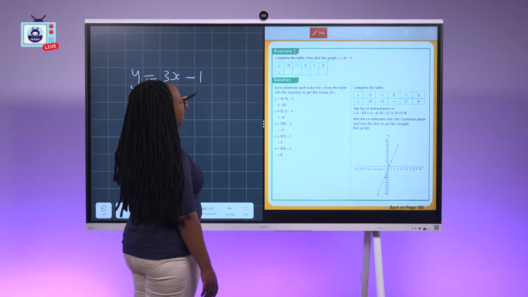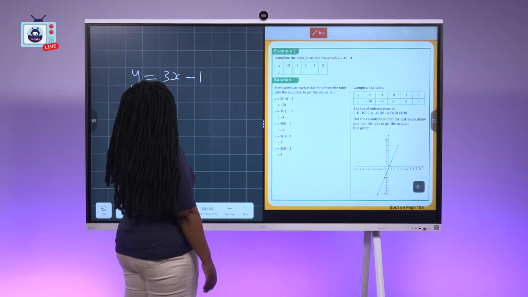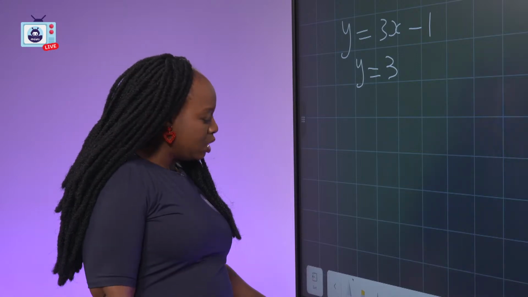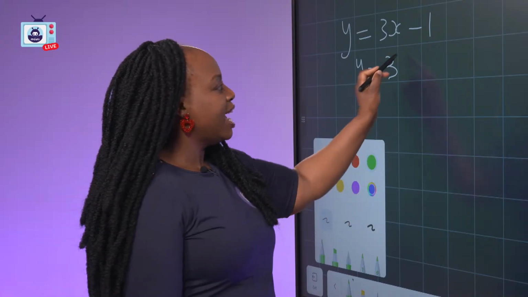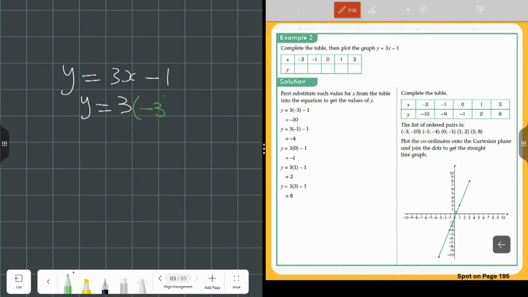So here, my x is given to be -3. So it means we're going to have y equals 3. The aim here is that wherever we see an x, instead of putting an x, we are going to put the number that is given, which is -3.